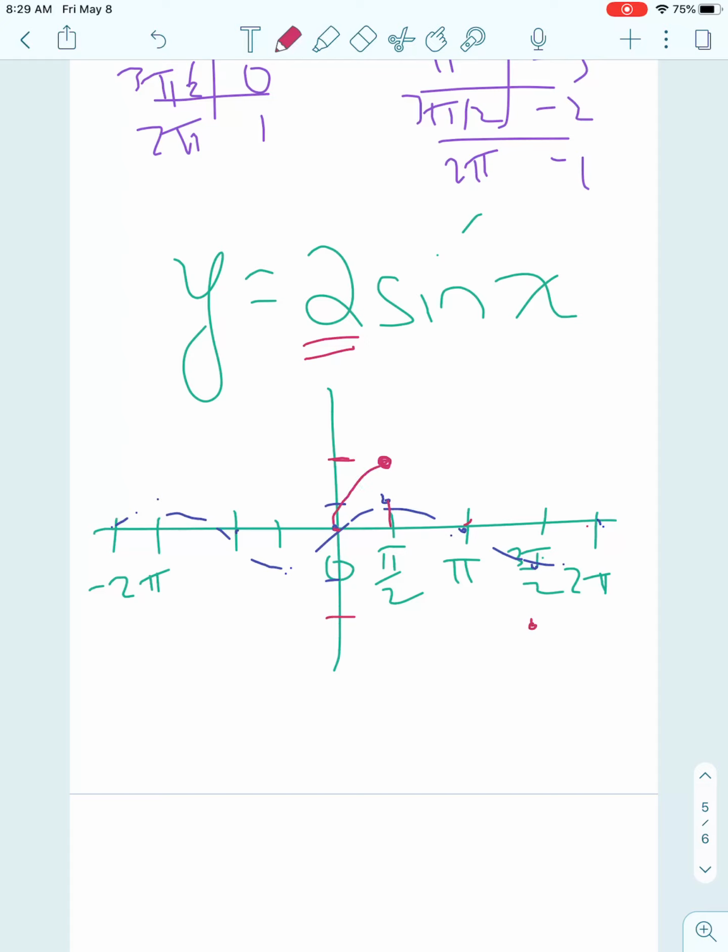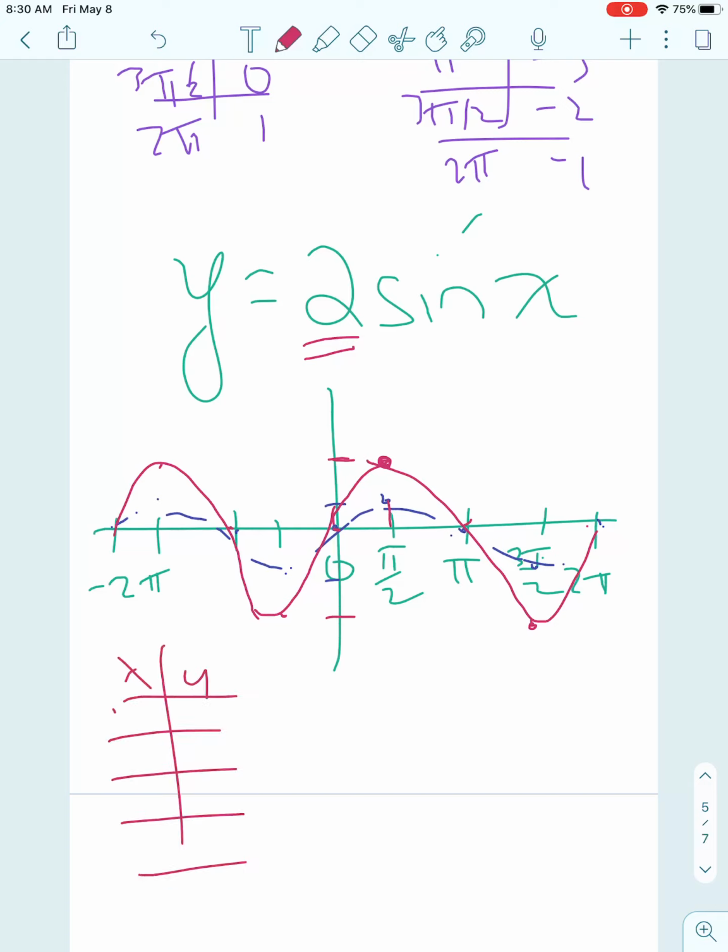So now my y values have been vertically stretched. Going back this way, I can pick up these points also. But let's say that makes you nervous and you're like, Miss Mann, I don't know that I'm going to be able to name those points. Then let's do a table and a mapping notation.